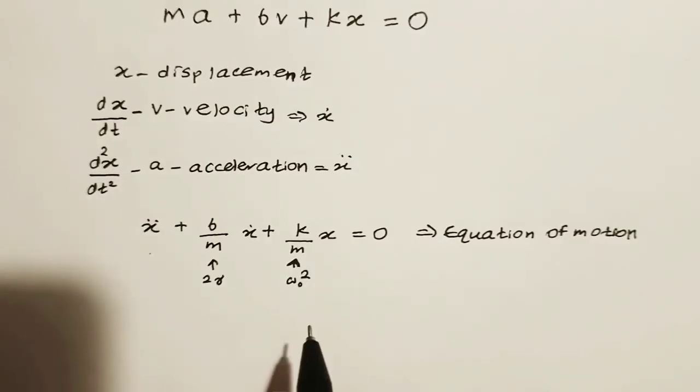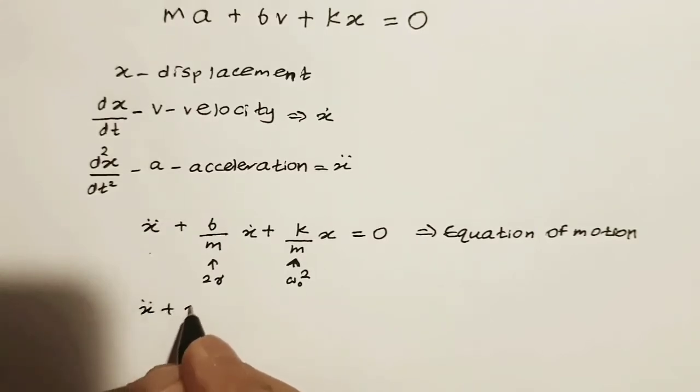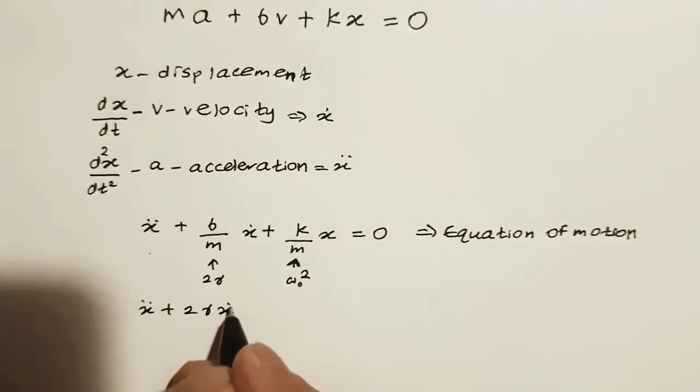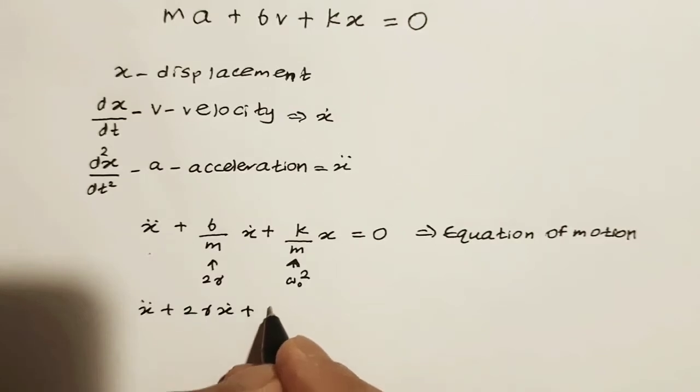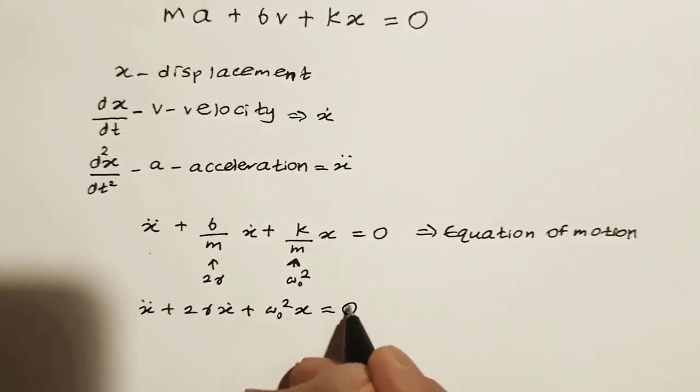The equation of motion is now x double dot plus 2 gamma x dot plus omega naught squared x, which is equal to 0.